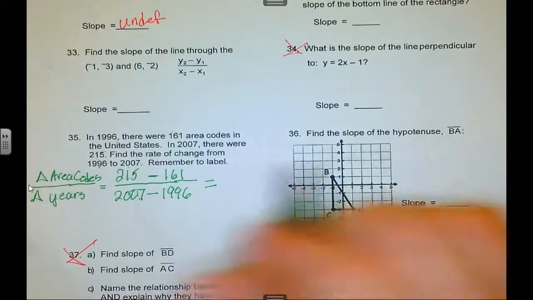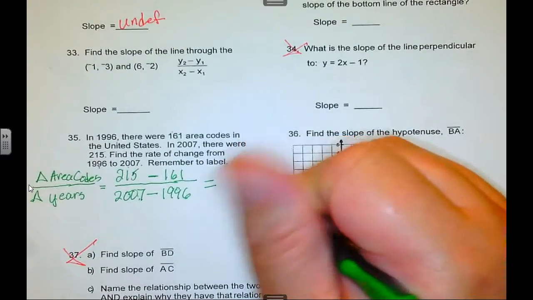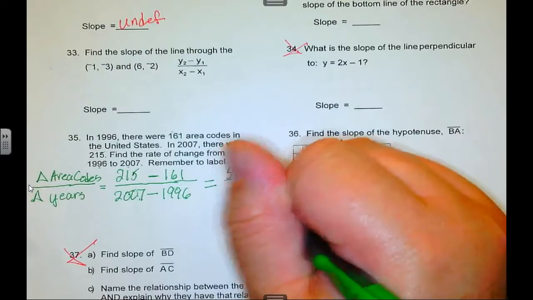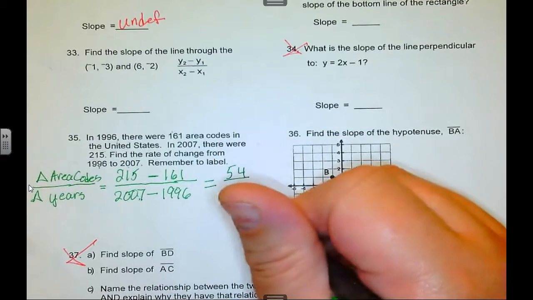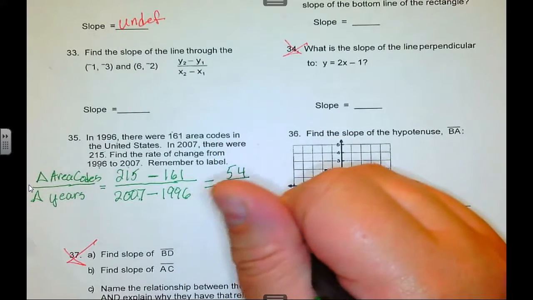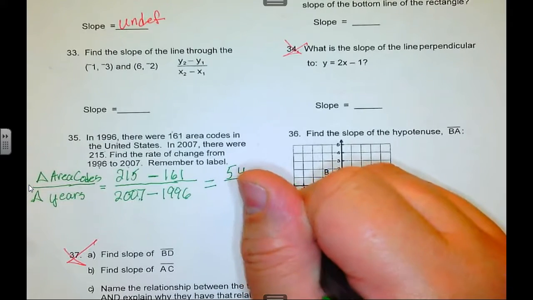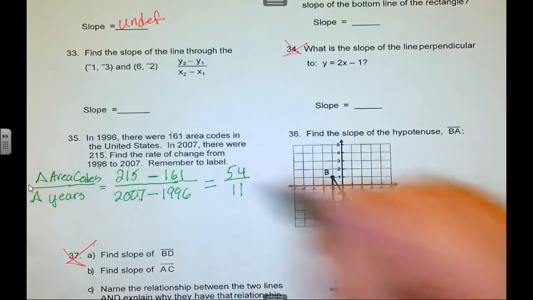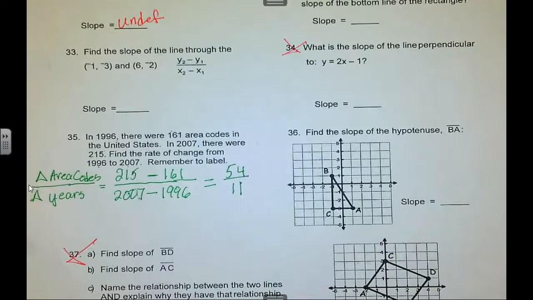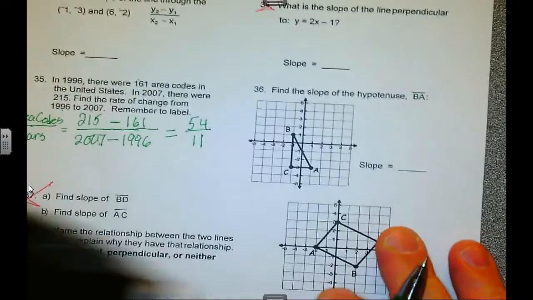215 minus 161. Let's see, 54. 2007 minus 1996. 11, right? Make sure you put these in the calculator and get a decimal for the rate of change.